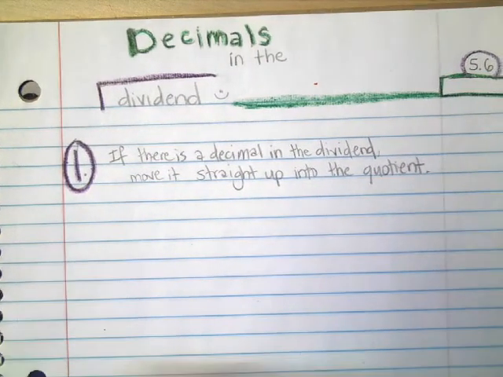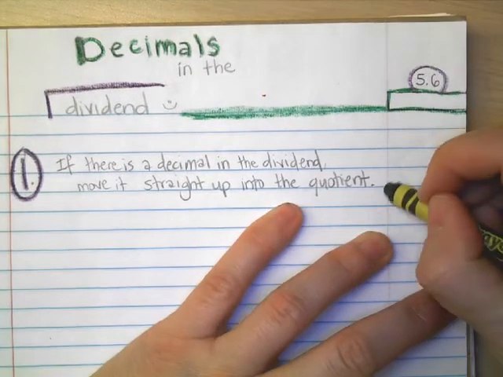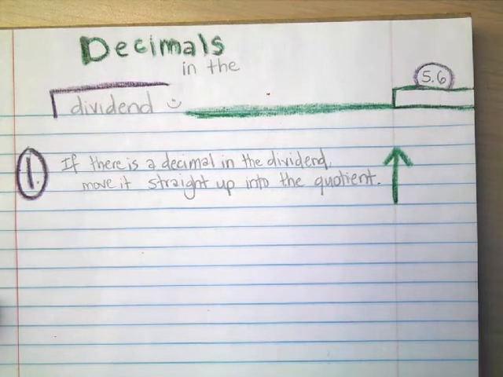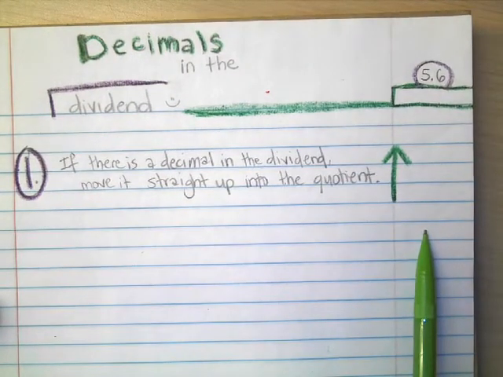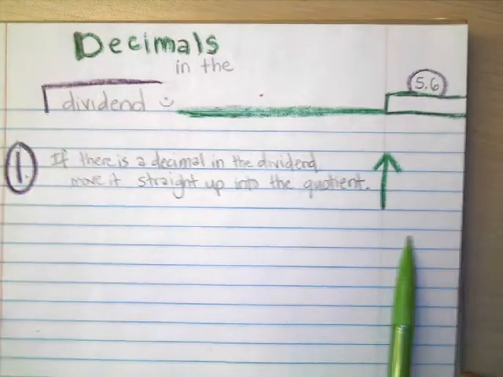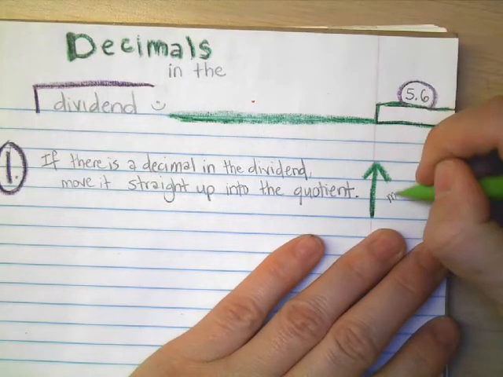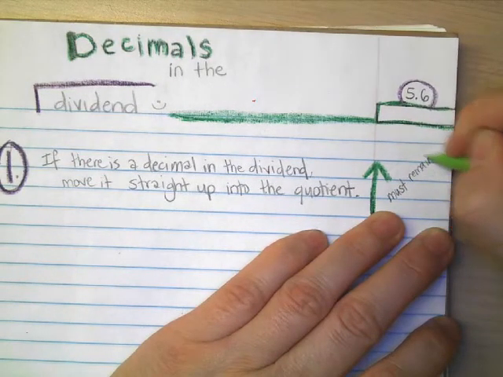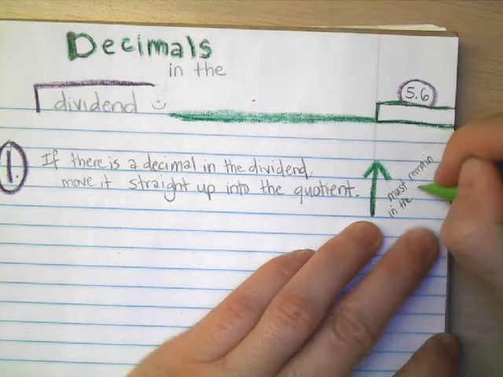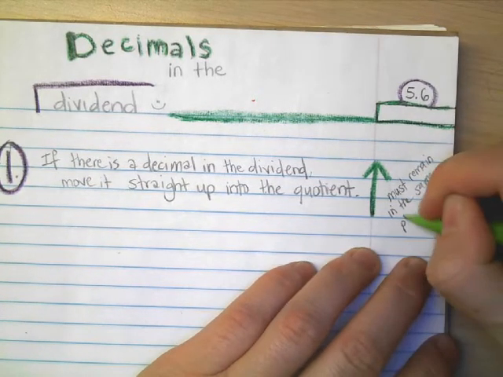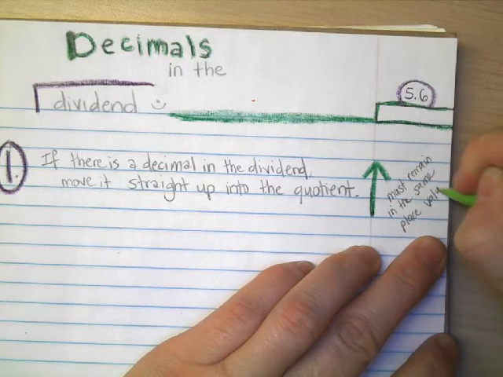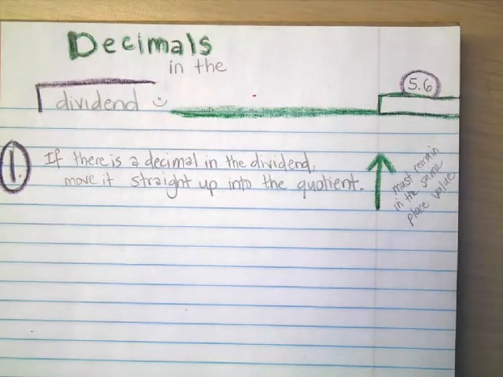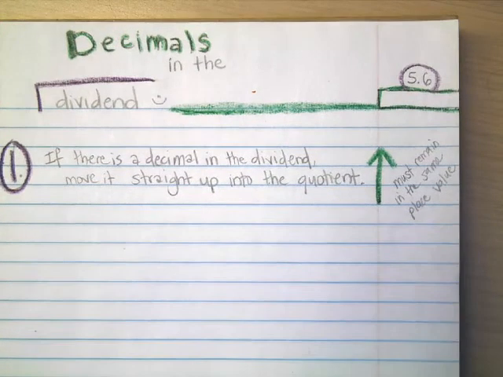That is really, really important. So I'm going to be drawing this green arrow. You move it straight up into the quotient. When you move it straight up, it has to be in the right place value. So we'll say must remain in the same place value. That's why we say move it straight up. It specifically needs to be there. It needs to stay there. Okay, that's really, really important.